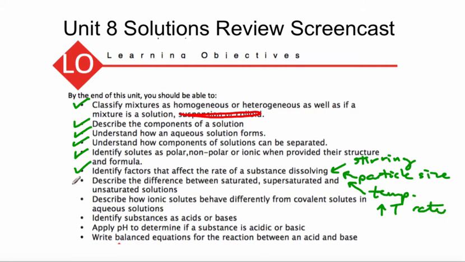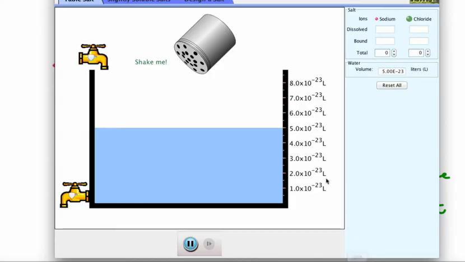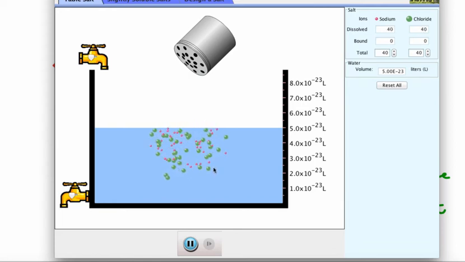All right, next, let's look at the difference between saturated, supersaturated, and unsaturated solutions. And for this one, we're going to go back to another model. So first, let's make a solution. I'm just going to make a solution of salt water. And notice my salt water, now I've got a solution because it's all dissolved. This solution is relatively dilute right now.